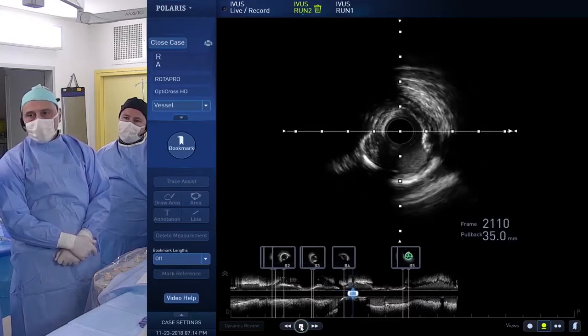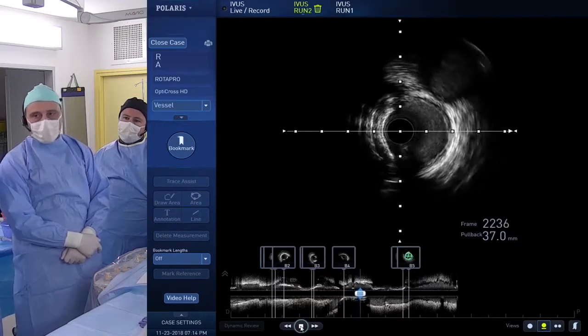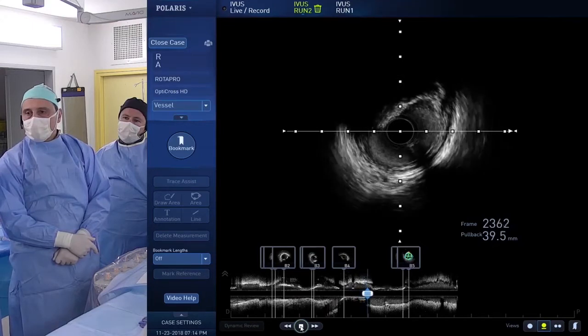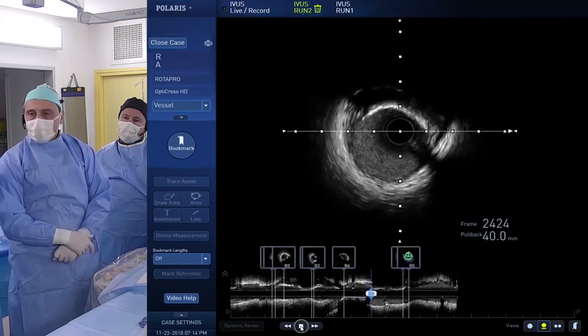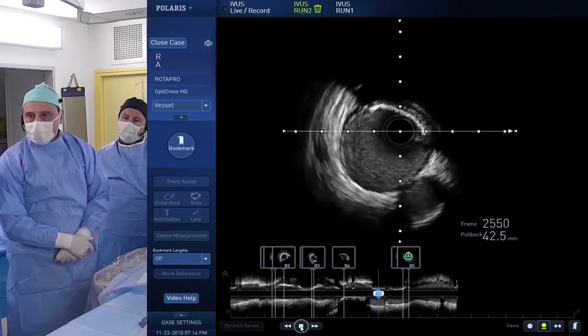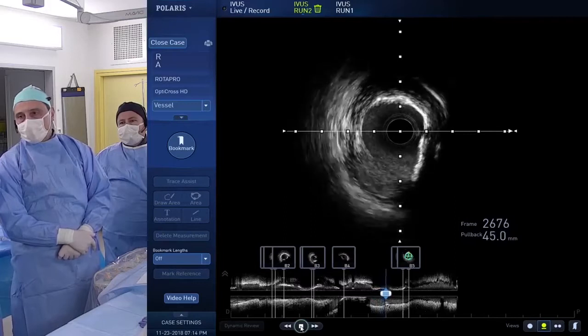There is no truly circumferential calcification in the LAD. We had the impression to see that at the ostium of the left main, but that might be also not the case because the image is a little bit oblique. And again, calcium at this level from 11 o'clock till 6 o'clock, more or less.